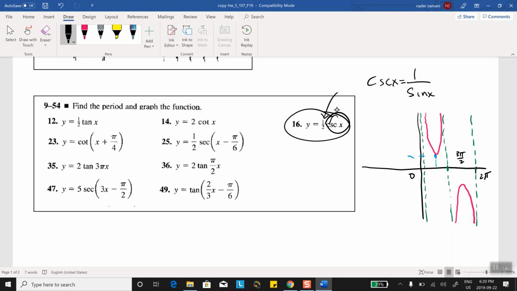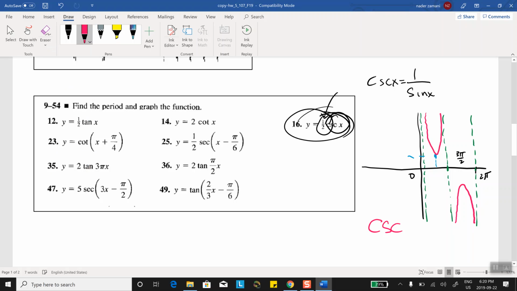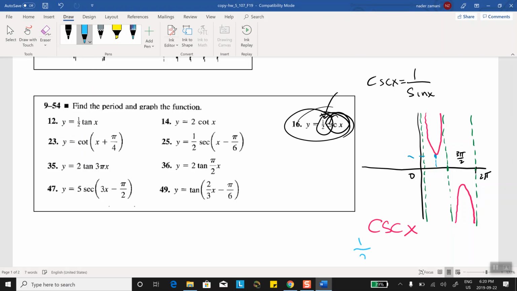Now, this is the graph of that function without the 1/2. If you have 1/2, this red one is cosecant of x. Let me draw the blue one for you. The blue one is 1/2 of cosecant of x.